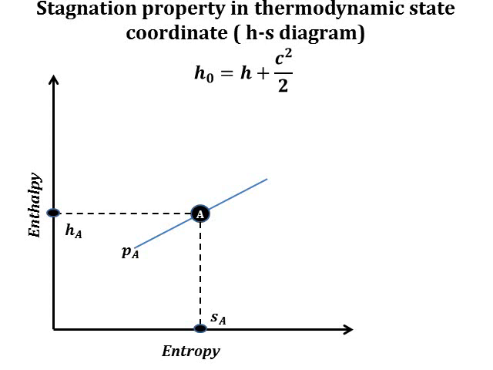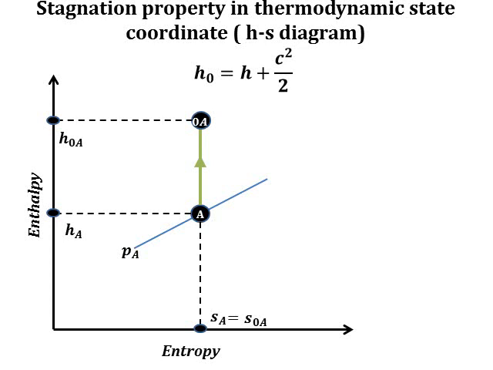Now in order to obtain the stagnation condition, we have to move isentropically to zero velocity. The isentropic processes in an HS diagram are represented with a vertical line. So we move vertically to reach the condition corresponding to the stagnation state for the static state A. It is represented as 0A. The corresponding enthalpy gives us the stagnation enthalpy.